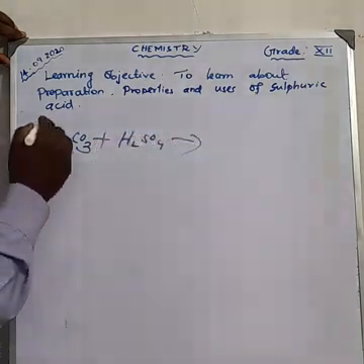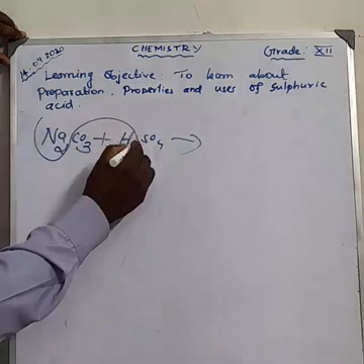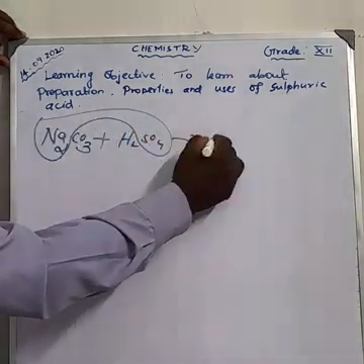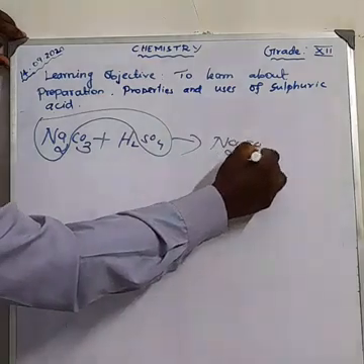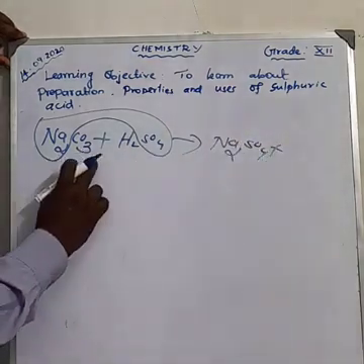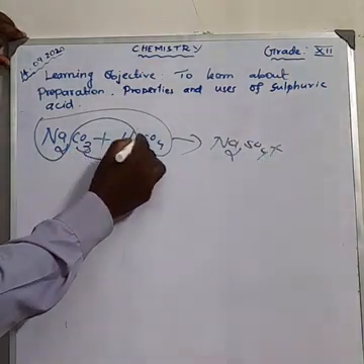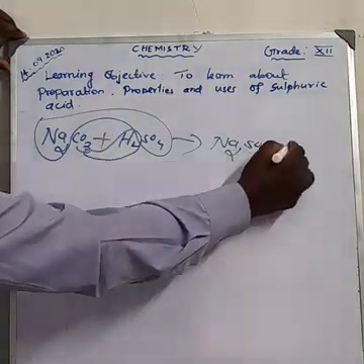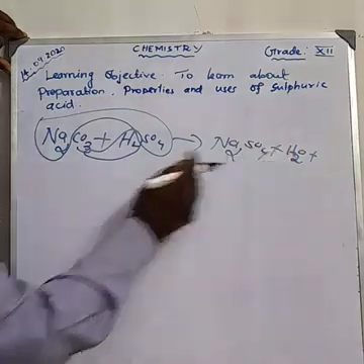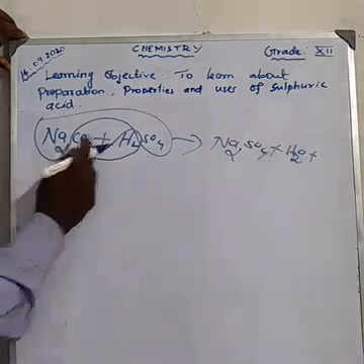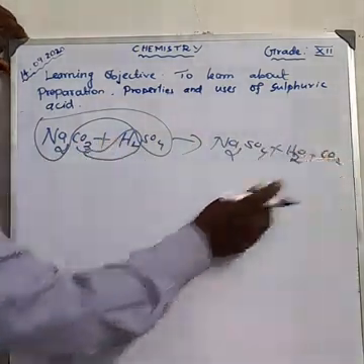So what are the products obtained? The sodium combines with the sulfate to form Na2SO4, am I right? Plus hydrogen combines with the O to form H2O, and also carbon dioxide.